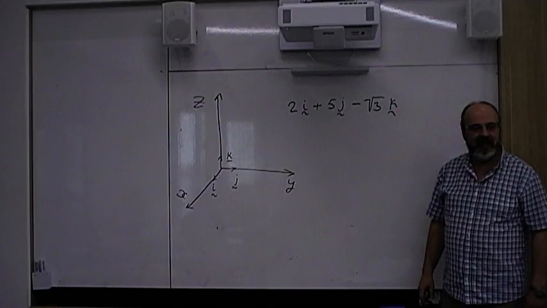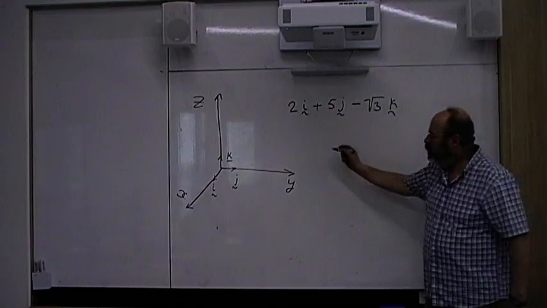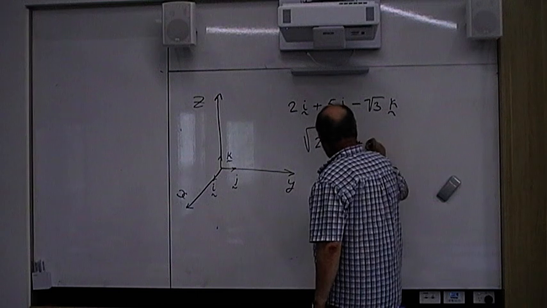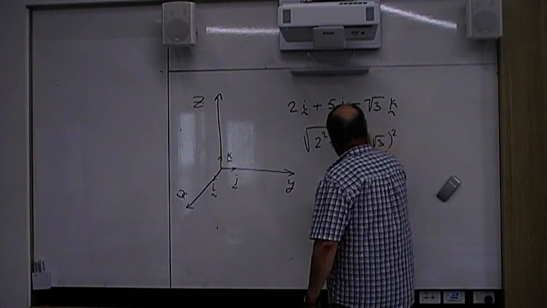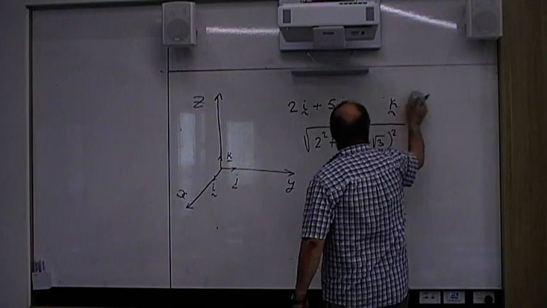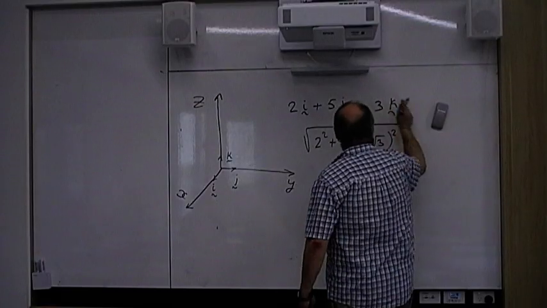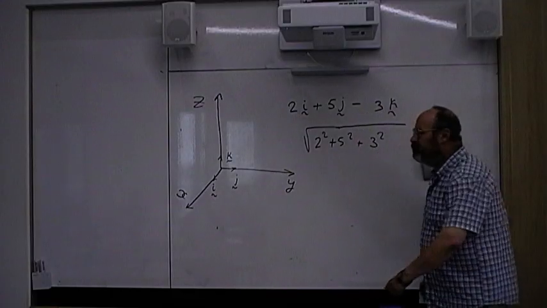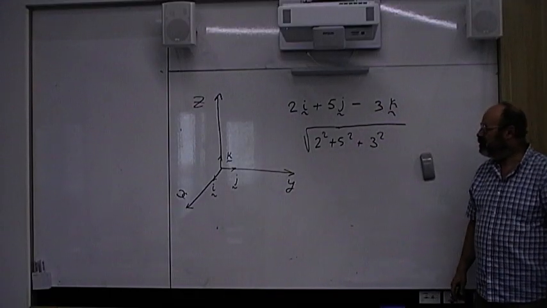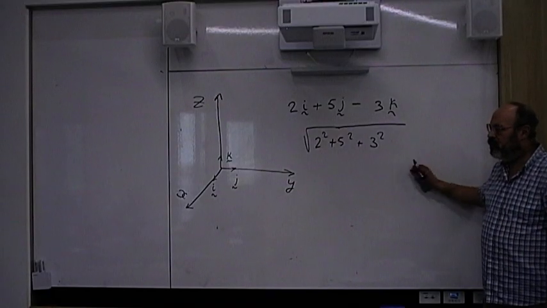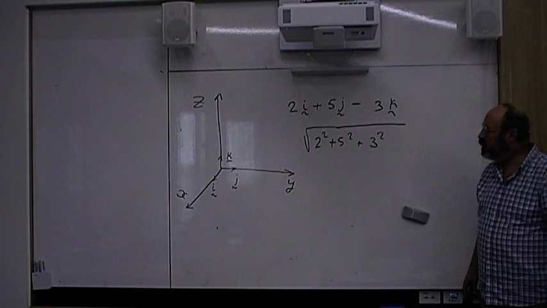We need to do 2 squared plus 5 squared plus negative root 3 squared, so plus 3. 4 plus 25 is 29, 29 plus 9 is 38.